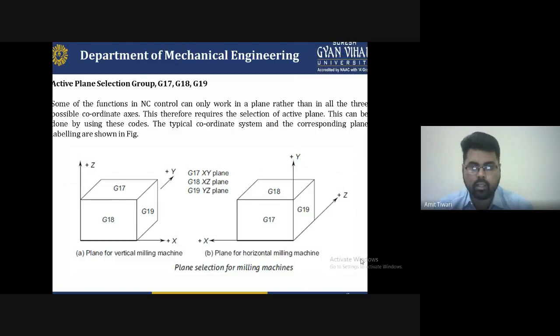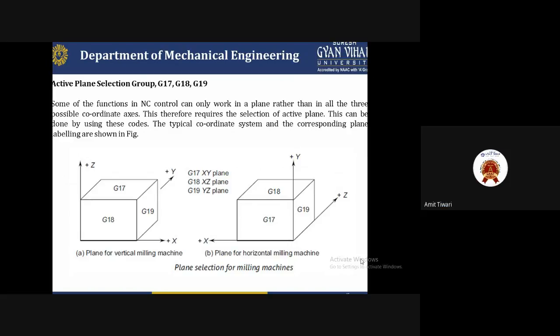Second one is the plane selection for the milling machine. That means some of the functions of the CNC control work only in a plane rather than in all directions. That's why this type of coordinate system was created, to work in any of the three directions where you want to work.